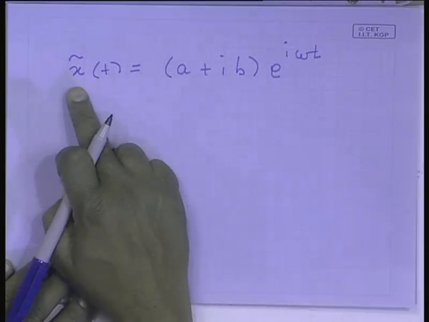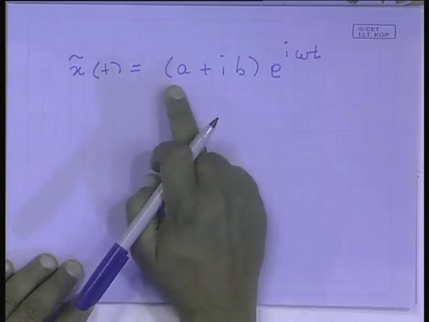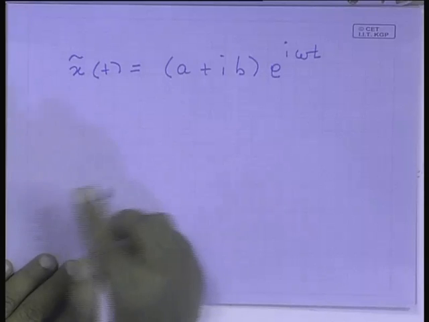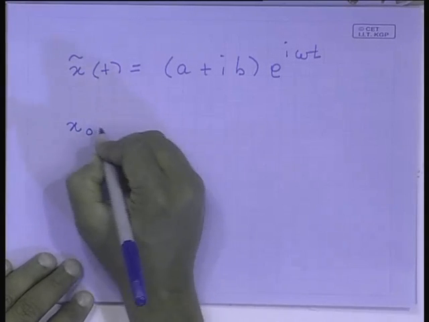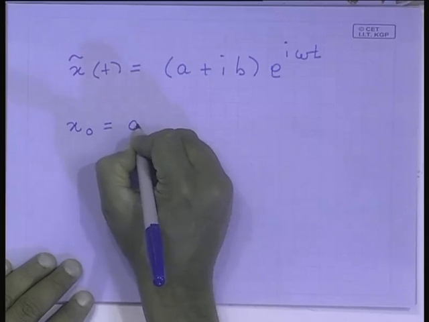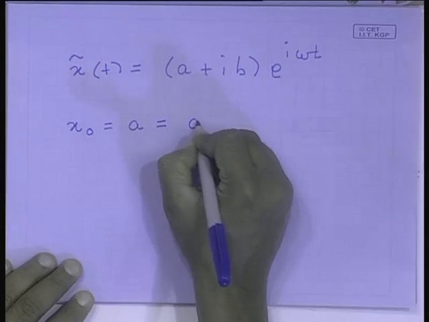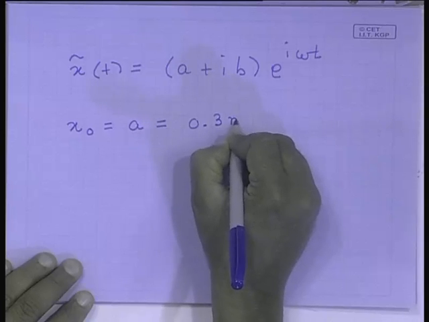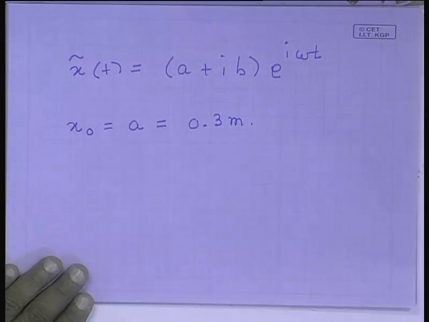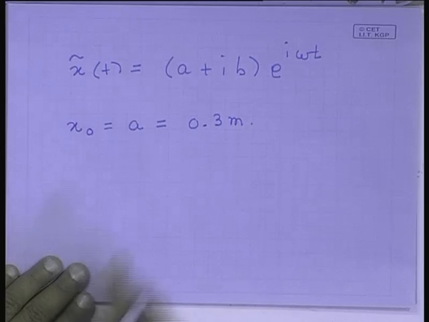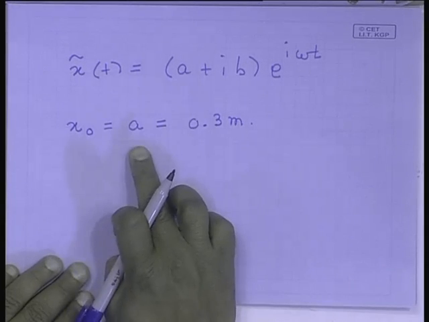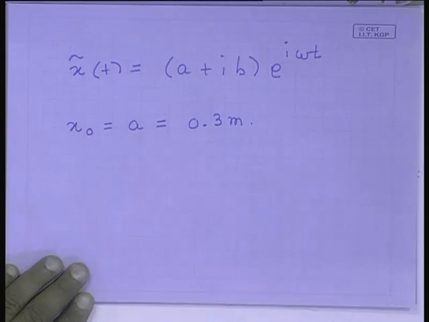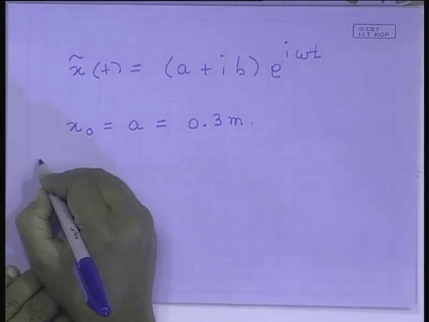We are supposed to take only the real part, so x at t equal to 0 is a. So, we can straight away say that x naught, the initial value of x, is equal to a, and we are given that this is equal to 0.3 meters. So, the initial position determines the real part of the complex amplitude, namely a, and we have a value 0.3 meters. It is exactly equal to the real part of the complex amplitude.